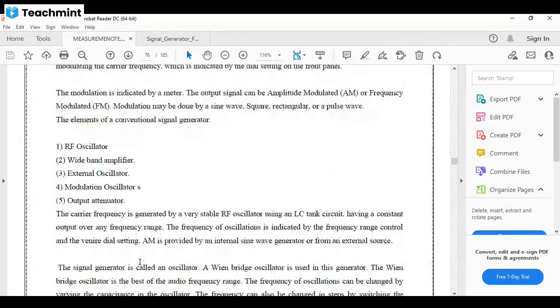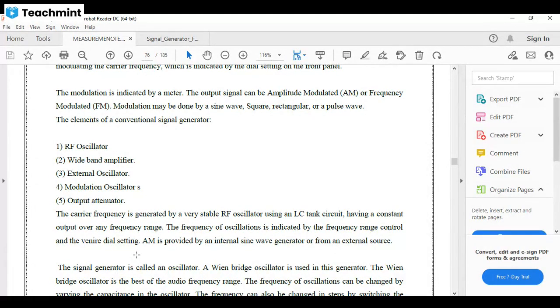And the carrier frequency is generated by a very stable RF oscillator circuit having a constant output over any frequency range, and the output voltage or frequency range.